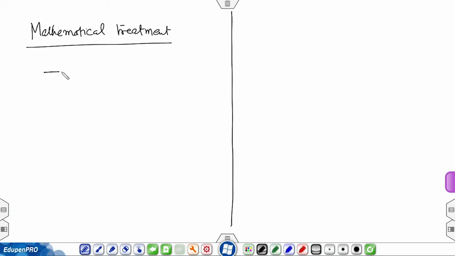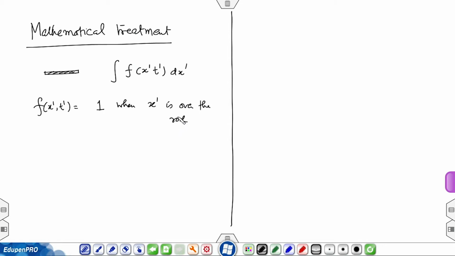So, suppose I have this rod. To find its length, I am going to integrate a function f(x', t') dx', where f(x', t') is equal to 1 when x' is over the rod, and it is 0 otherwise.